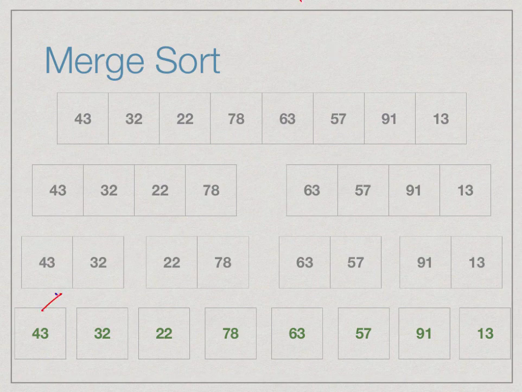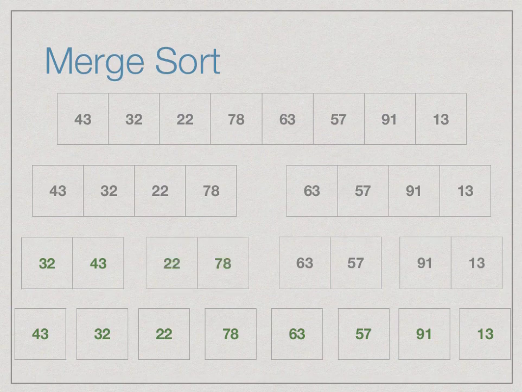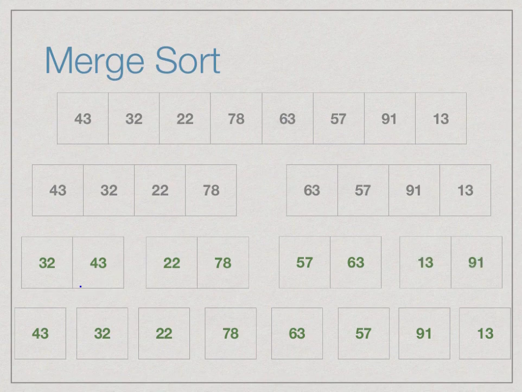So we want to merge these two, merge these two, merge these two, merge these two to get merged lists which are sorted of length 2. So we will merge 43 and 32, we get 32 followed by 43. The second pair gives us the same list as before. The third pair again gets inverted and the fourth pair gets inverted. So now we have sorted lists of length 2 after merging lists of length 1.